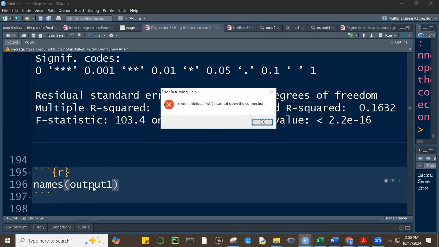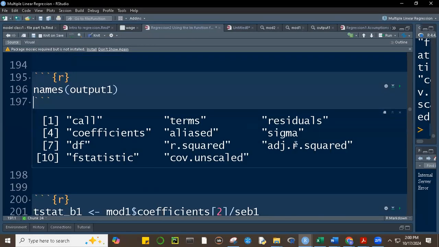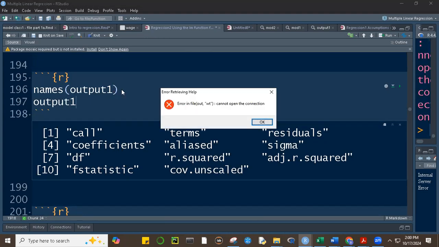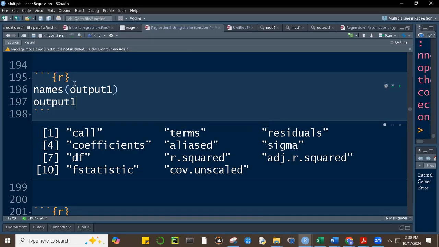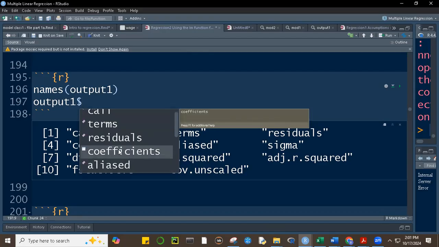Okay, so take a look, class. What's inside the output 1? So these are the objects, right? 10, 11 objects. So let's get output 1 $. Okay, here, class.